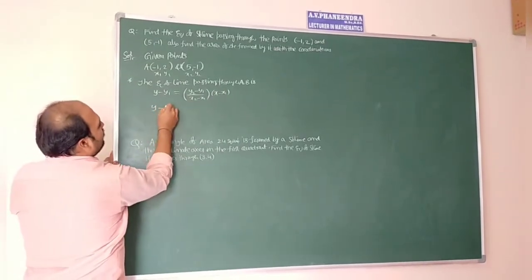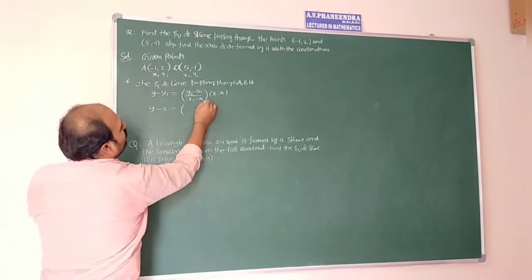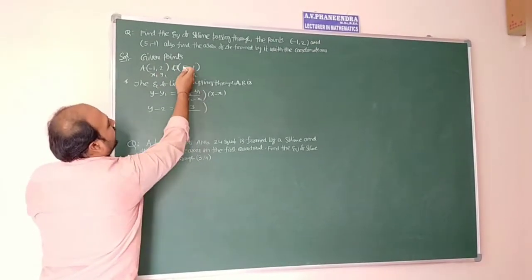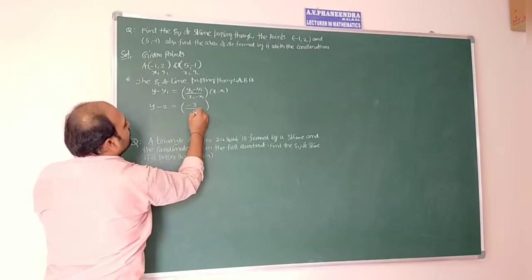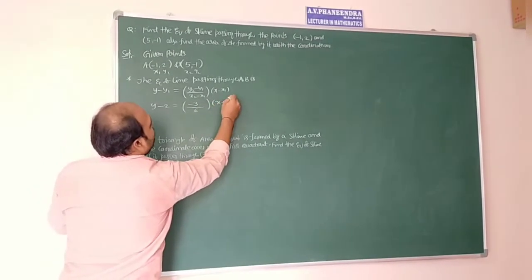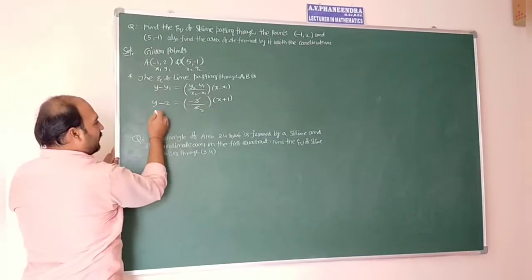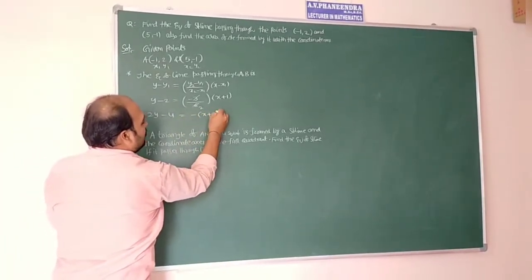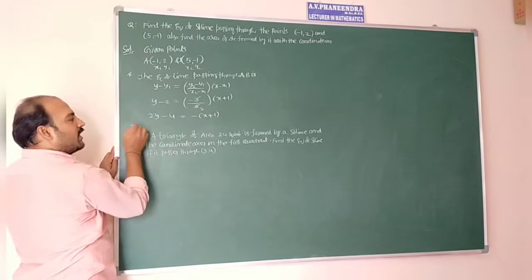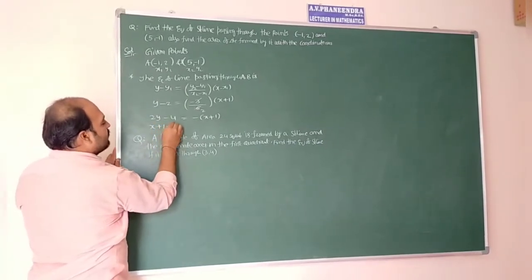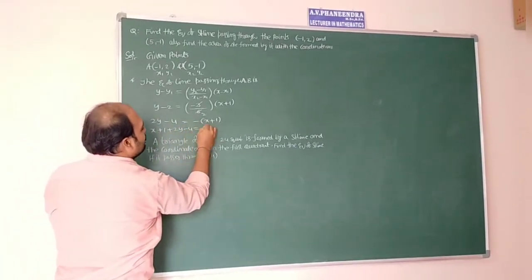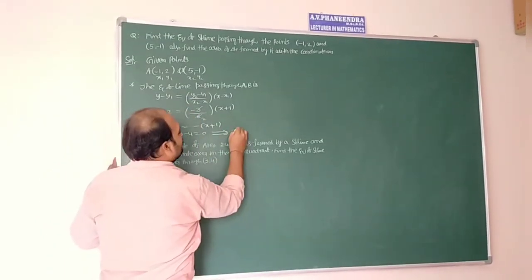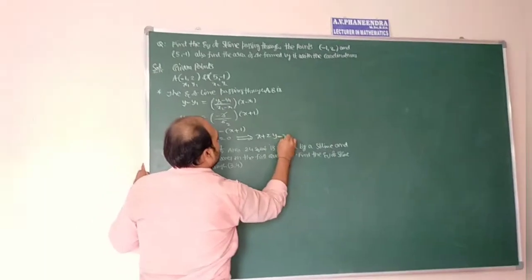So y minus y1 value is 2, y2 minus y1, so minus 1 minus 2, so minus 3 by x2 minus x1, 5 minus of minus 1, 6. x minus of minus 1, plus 1. 3 ones are 3, 2s are 6, cross multiply. 2y minus 4 equal to minus of x plus 1. This minus of x plus 1 we can take this side. x plus 1 plus 2y minus 4 equal to 0. That implies x plus 2y minus 3 equal to 0.